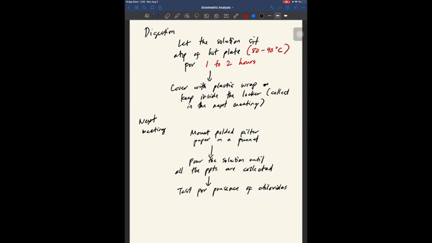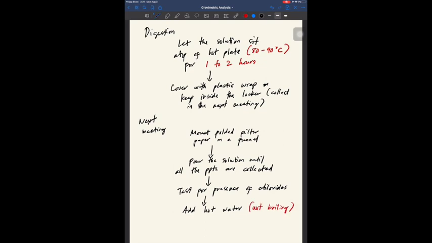Take note that what we have here is barium sulfate precipitates, but on its surface are impurities that are adsorbed. So the process of co-precipitation is called surface adsorption. And we have to remove the chlorides by adding hot water and not boiling. So add hot water. Take note, it should not be boiling.